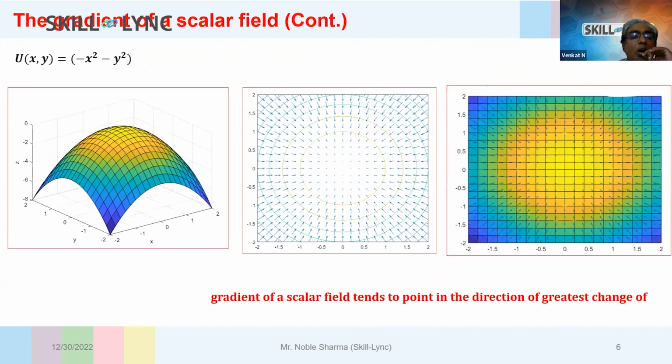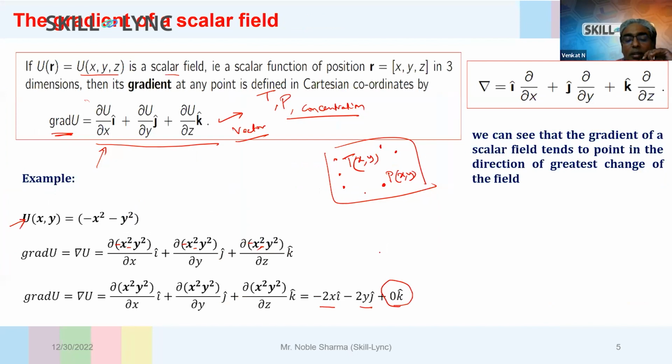So this is the gradient operator. If you try to plot the gradient, x, y and z, this is your del u. You see everything is negative. If you remember, del u is nothing but minus 2x i minus 2y j plus 0 k.